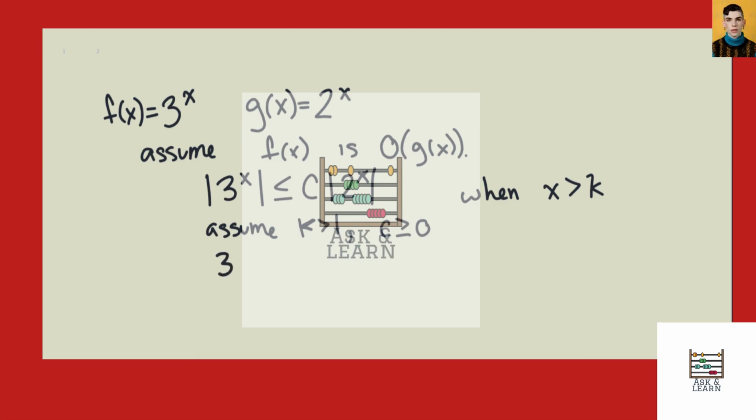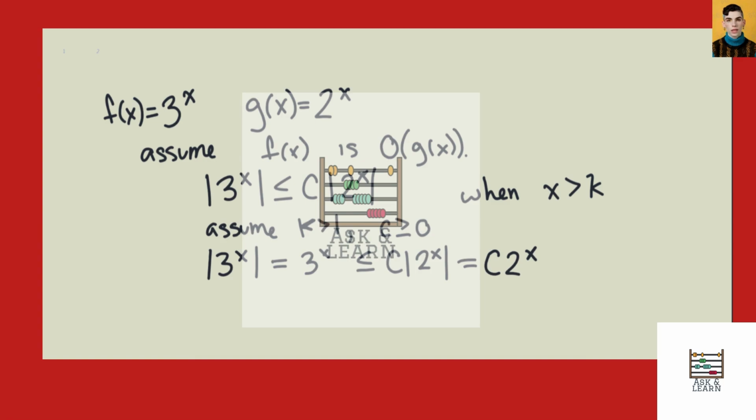Then this gives us that the absolute value of 3 to the power of x is just going to be equal to 3 to the power of x here, right? But this must be less than or equal to c times the absolute value of 2 to the x, which is just going to be equal to c times 2 to the power of x. Okay, that's because of the assumptions made here on k and c.